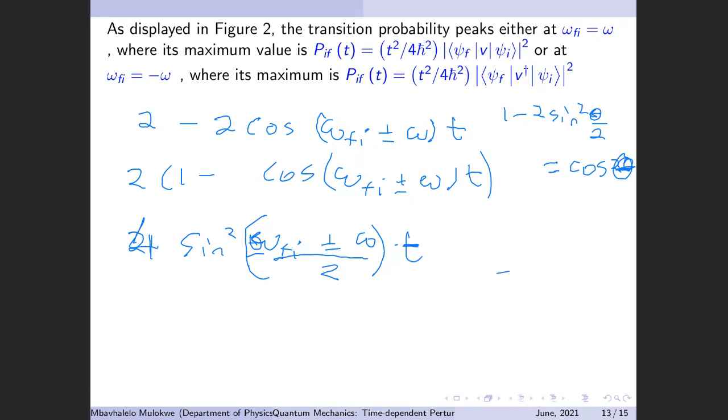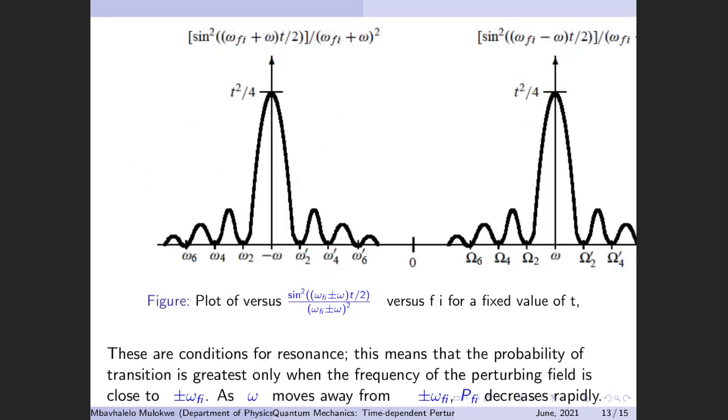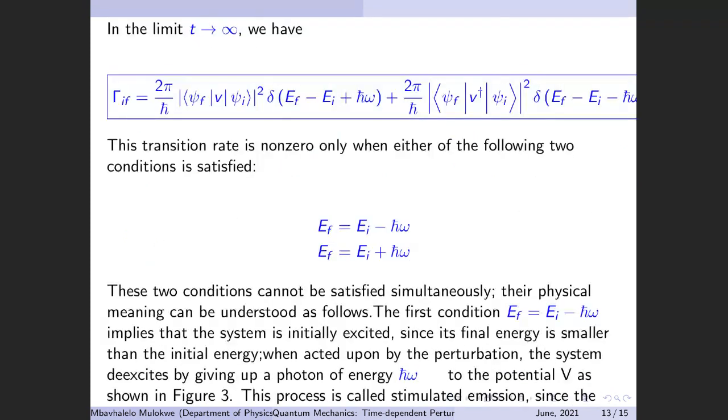So this is the result of having to do the integral 0 to t of dt prime of e to the i something. But there will be 2 sums, and then you repeat the same thing. In the limit as t goes to infinity, sine squared omega over omega squared gives you some Dirac delta function. So you end up with a Dirac delta function there and another Dirac delta function.